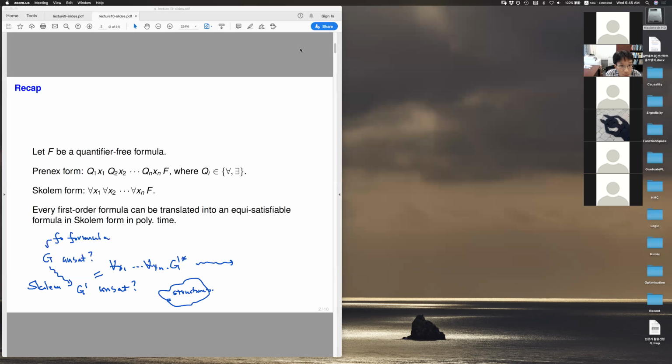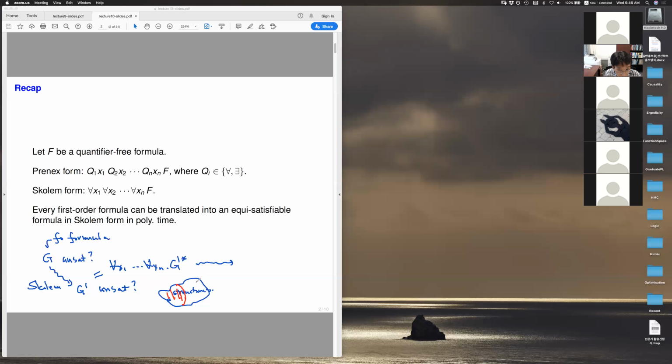But the Herbrand theorem will tell us that to check the unsatisfiability of this formula, it is sufficient to check only some of them. If you only check unsatisfiability for some subset, which is in some sense very syntactic, then checking that this formula is unsatisfiable with respect to this subset is enough to show it is unsatisfiable.